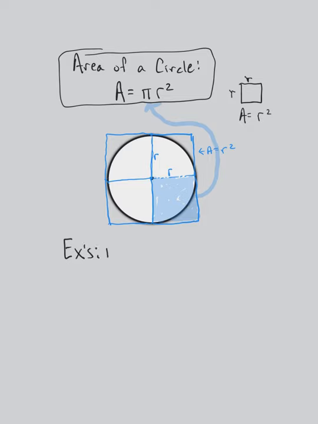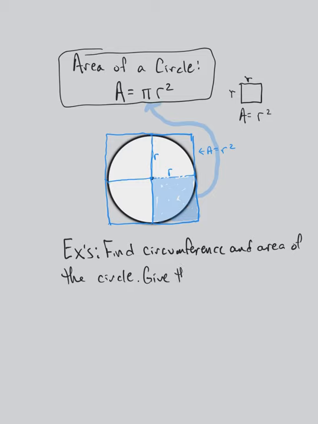Now let me give you an example like you would probably see in your homework. It'll say find the circumference and area of the circle. But here's what it's going to say: give the answer in terms of pi, then approximate it to so many decimal places.